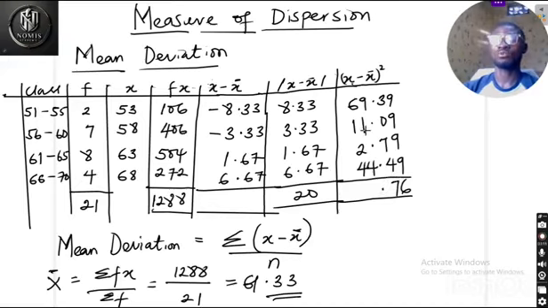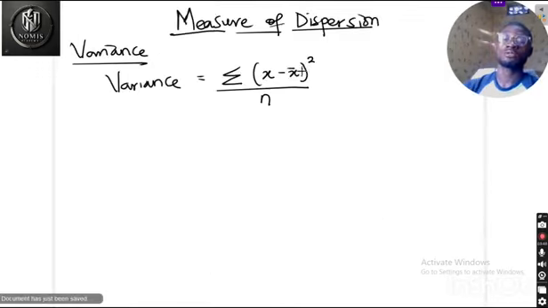Then 9 plus 1 is 10, 10 plus the one we kept is 11, and we continue until we get 127.76. So this is what we have as the summation of x minus x bar squared, 127.76. So let's go back to the formula.